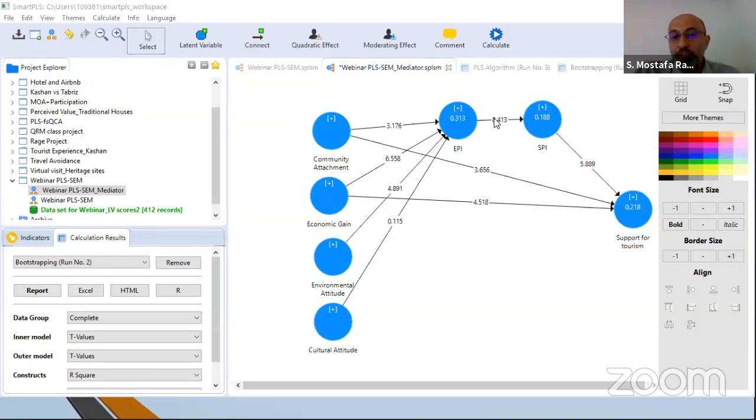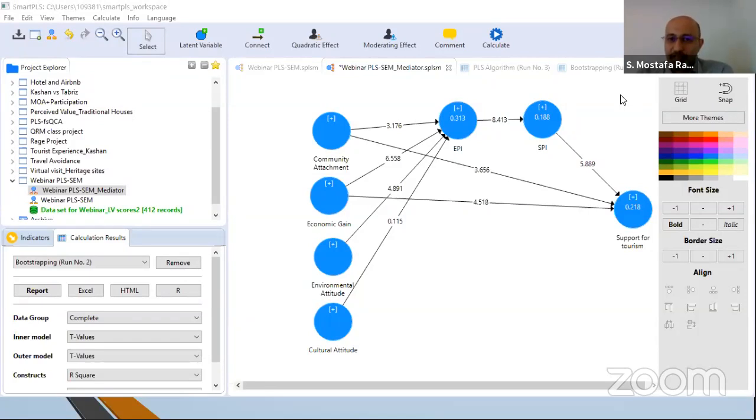So if you have serial mediator, how can you support it by theory? As I explained before, you need to pass some steps. When we say these two mediators, EPI and SPI, for example, together mediate the relationship between community attachment and support, or you say community attachment has an indirect effect on support through EPI and SPI, it means you have some logic behind that.